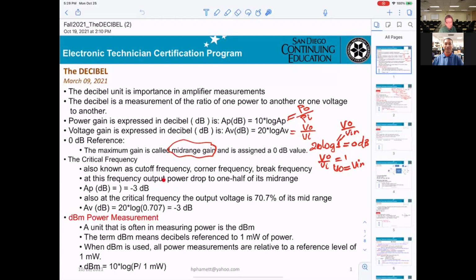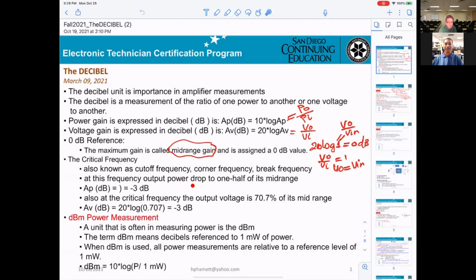The critical frequency has different names. It can be the cutoff frequency, corner frequency, or break frequency. What is that frequency? At this frequency, output power drops to 1/2 of its mid-range value. So at mid-range, if the output is supposed to be 10 watts, now it is only 5 watts.